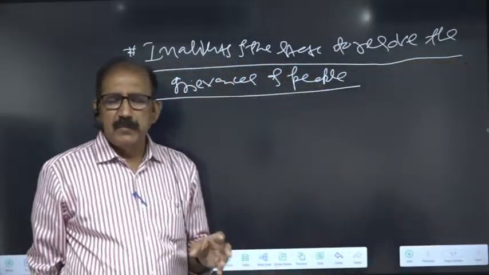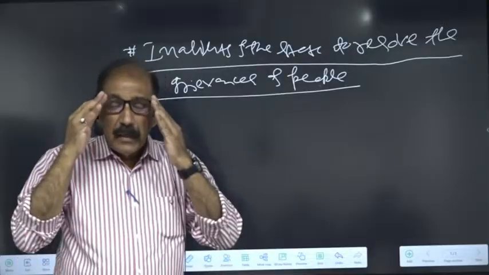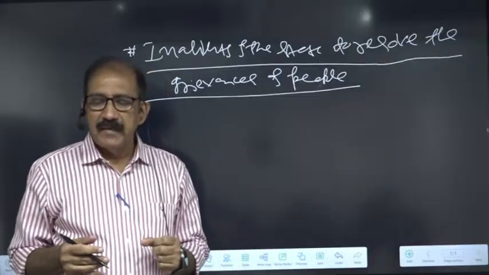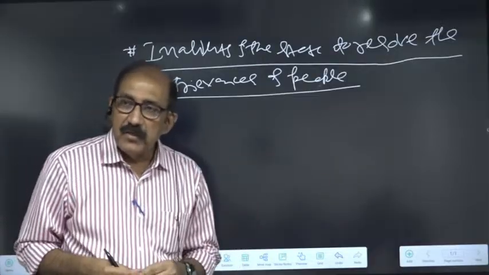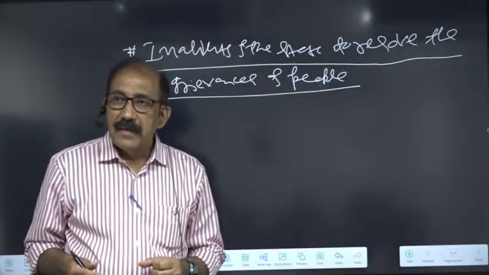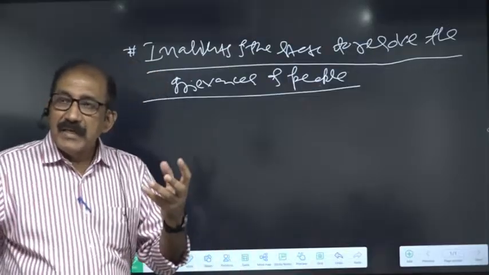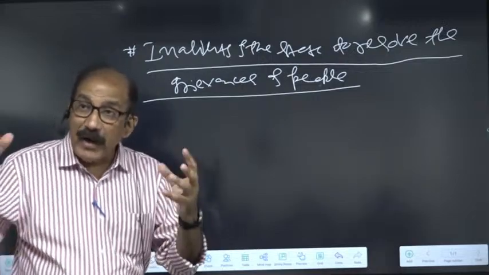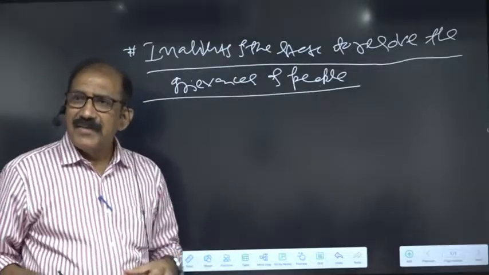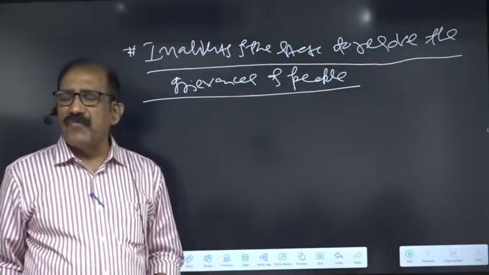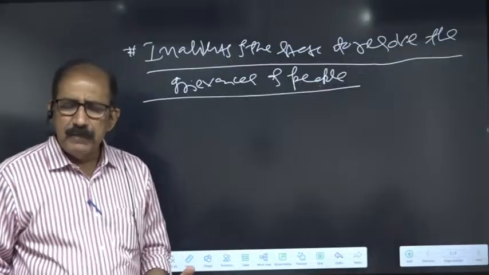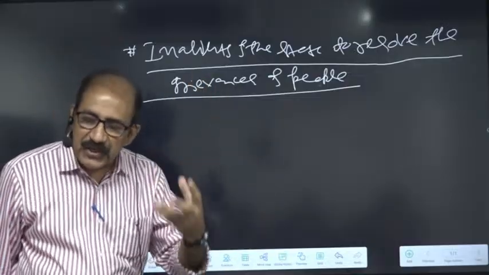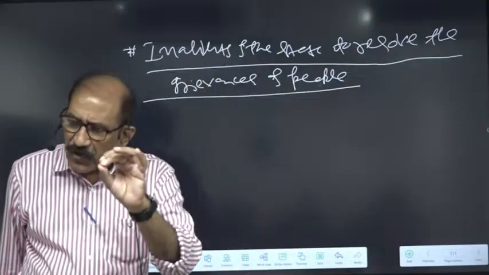People in the Northeast, people in Jammu and Kashmir, people anywhere, they have certain expectations from the government. Why were the farmers agitating? Because they had certain expectations from the government. And when the government is not able to resolve those grievances, they take the path of agitation, and that becomes an internal security challenge. It's very simple. So inability of the government or the state to resolve the grievances of the people is one of the fundamental reasons.